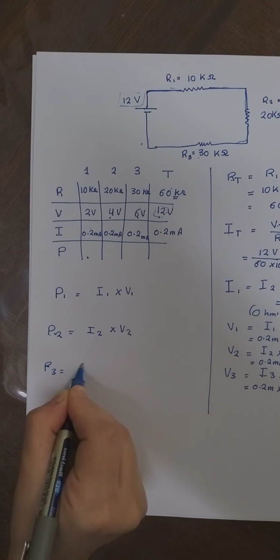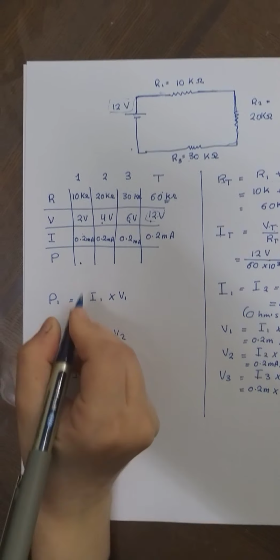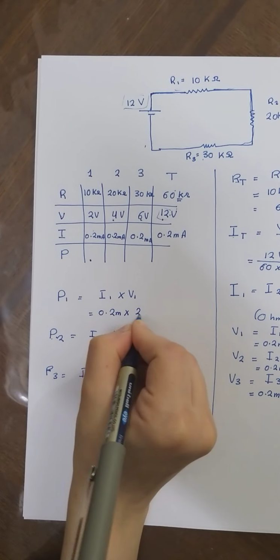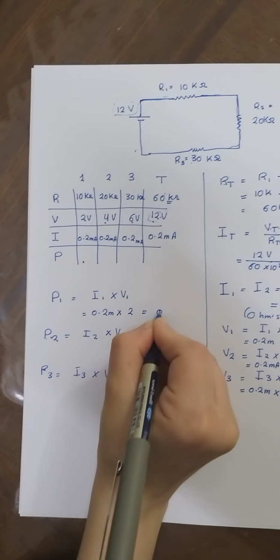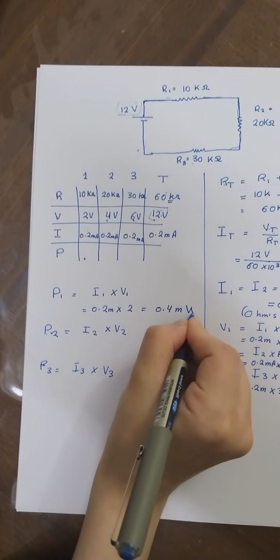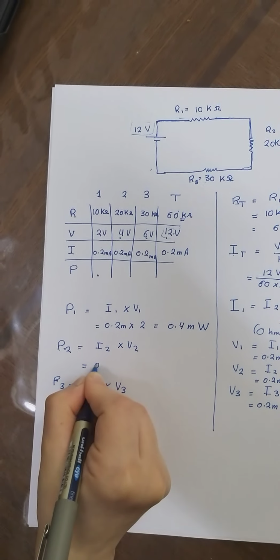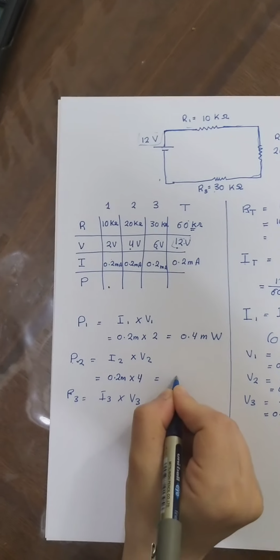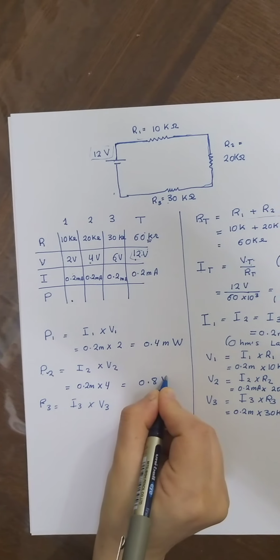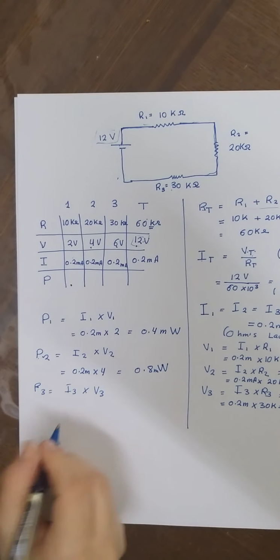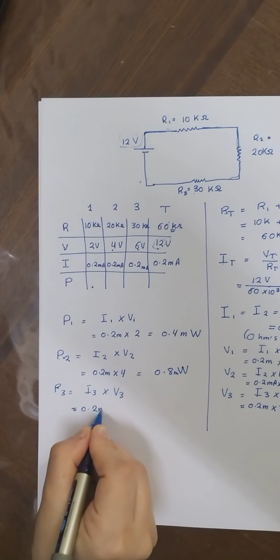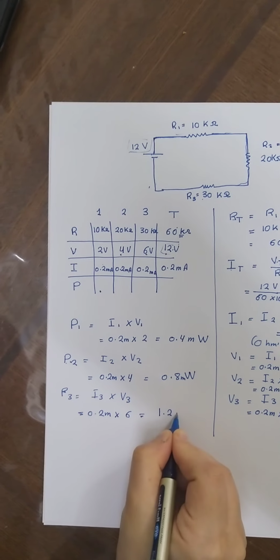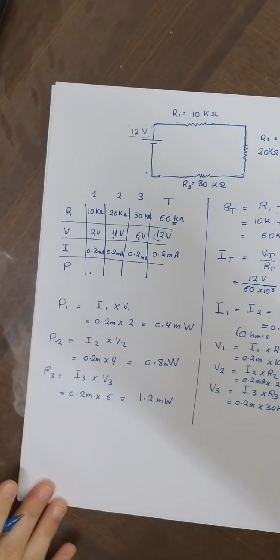P3 is equal to I3 times V3. 0.2 milli times 2, which is 0.4 milliwatt. 0.2 milli times 4, which is 0.8 milliwatt. 0.2 milli times 6, which is 1.2 milliwatt.